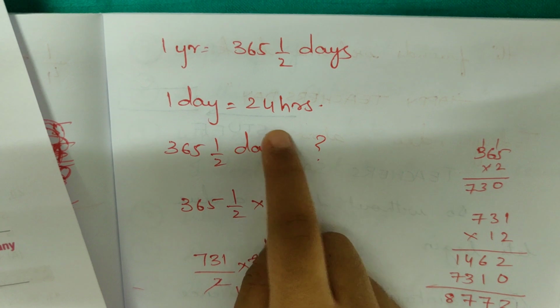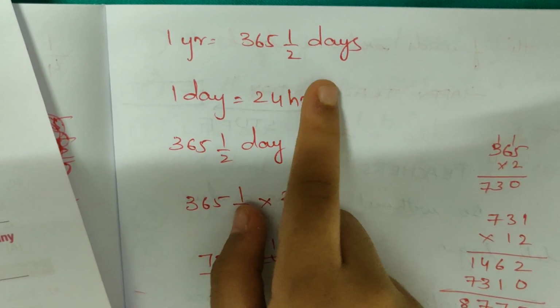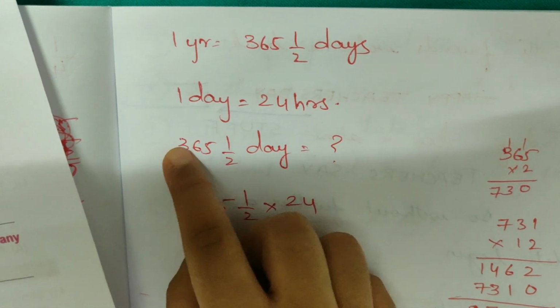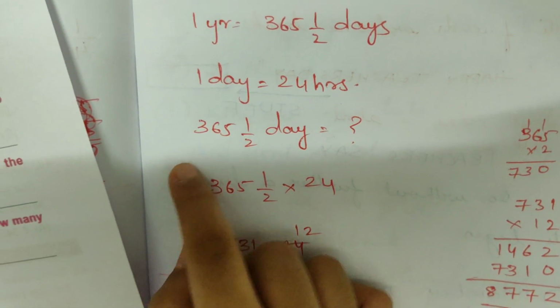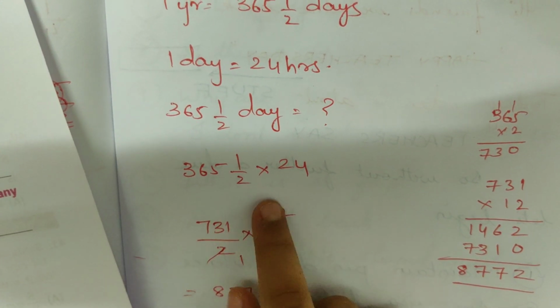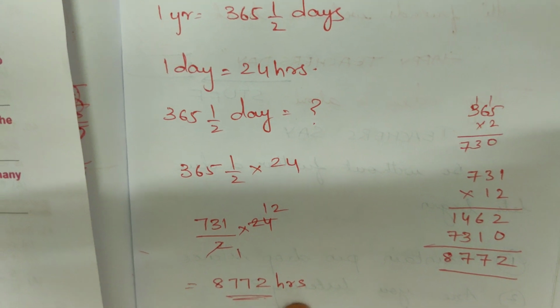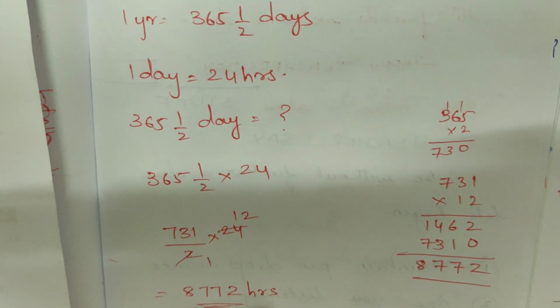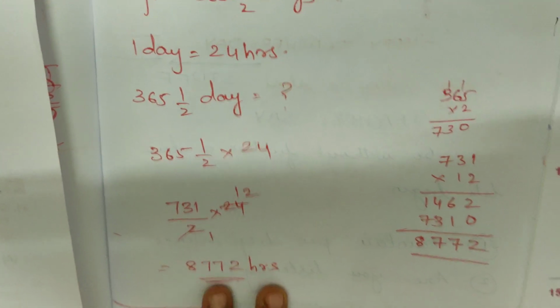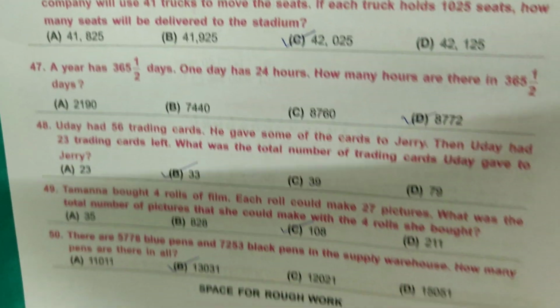So we have written 1 year, 365.5 days, 1 day 24 hours, 365 days, how many hours? So I did the multiplication, and we got the answer 8,772 hours. It's the bit over here.